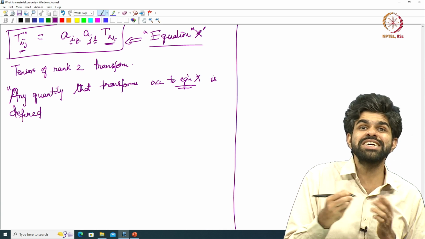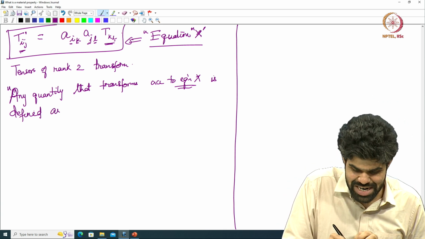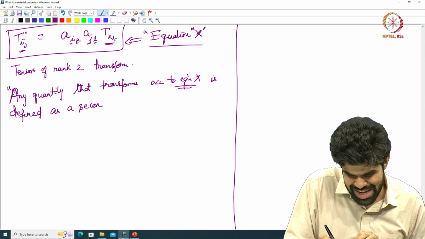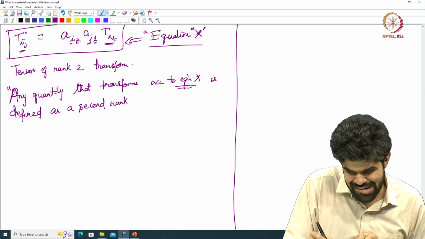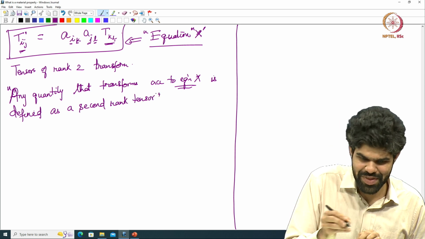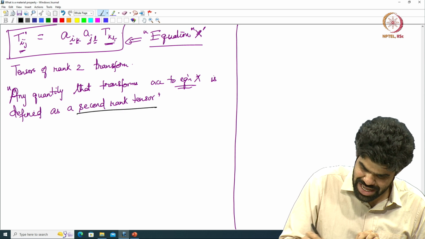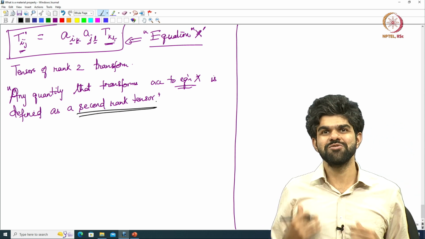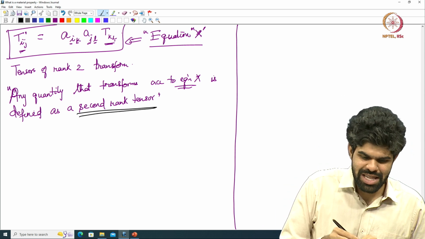I am going to define a second rank tensor like this. So, this is now my definition of a second rank tensor.